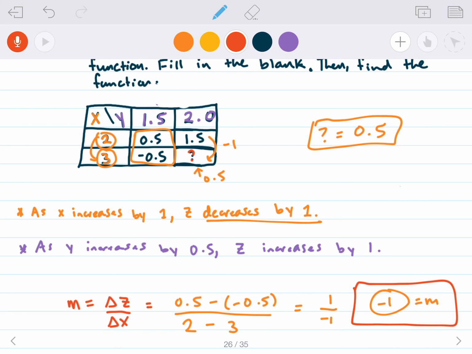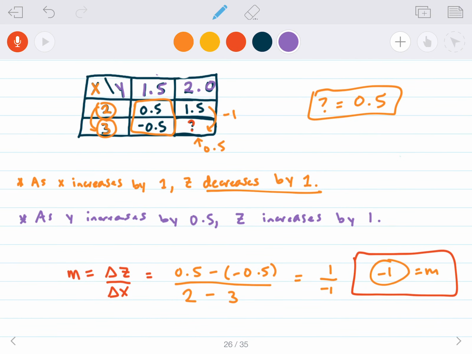Alright, so we can do the same thing for the y. So for y, our variable for the slope is n, and we're looking at the change in z over the change in y this time. Okay? Change in output over change in input is slope. We have 2 inputs, so we need to find 2 slopes. So again, now we're looking in terms of rows.